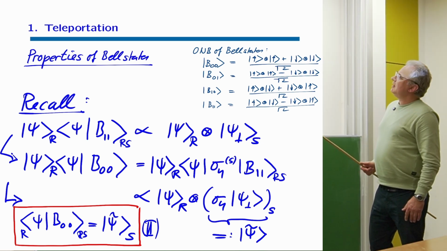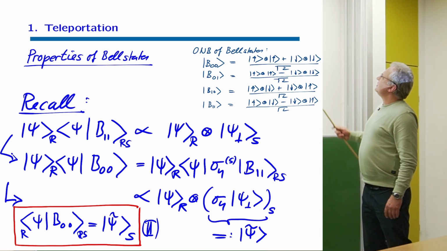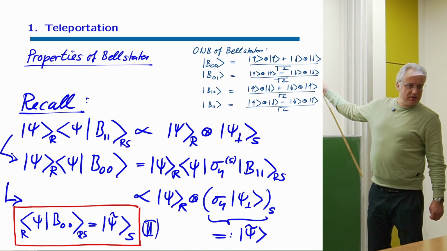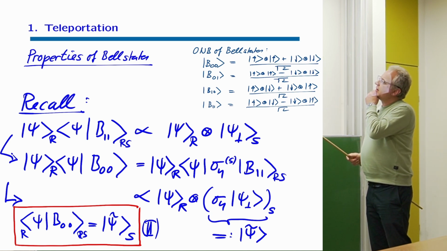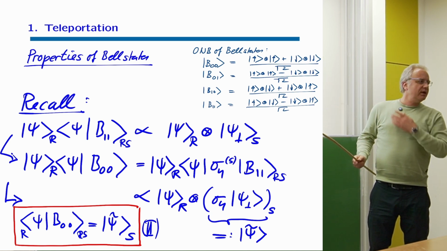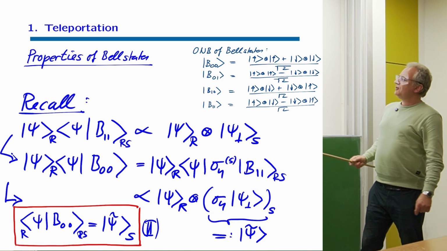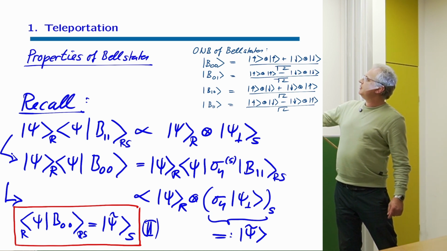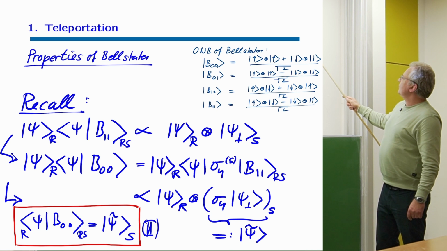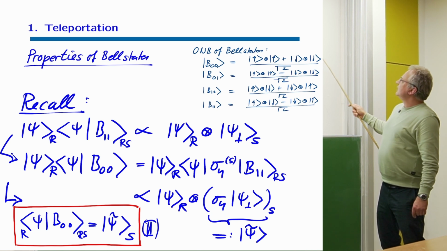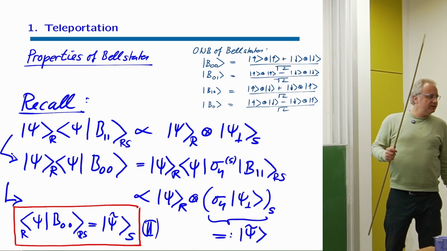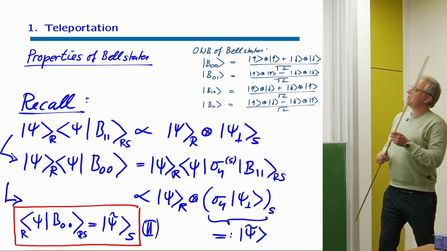Here we have a Bell state B00 appearing in the protocol, but we don't know this one very well yet. What we do know is B11, the Bell state with anti-parallel spins with negative relative phase. The spin singlet, we talked about that.